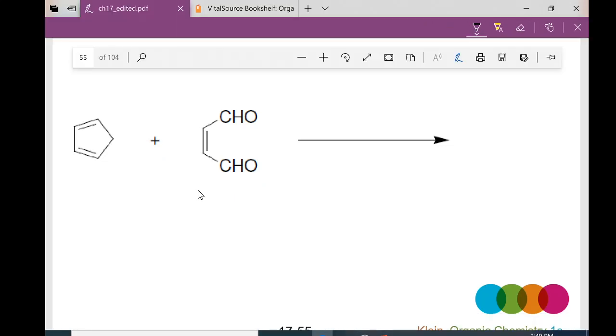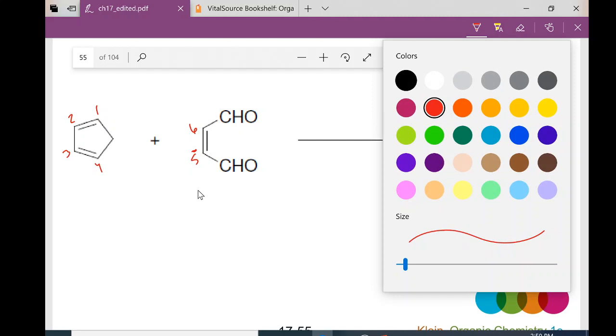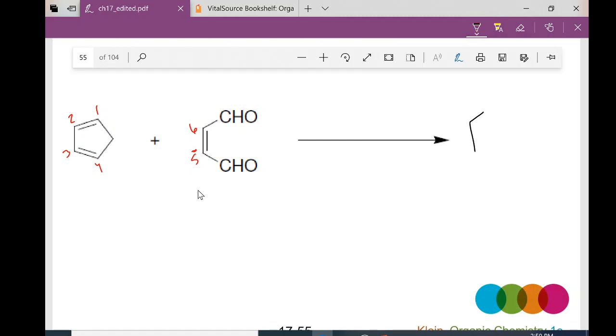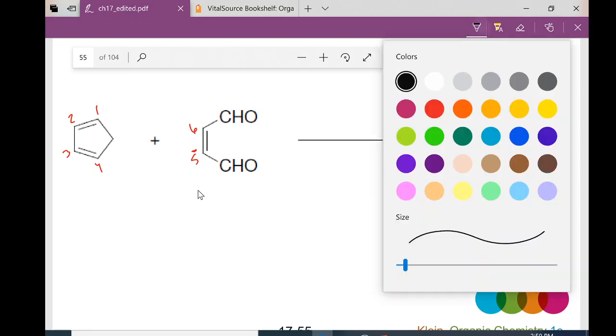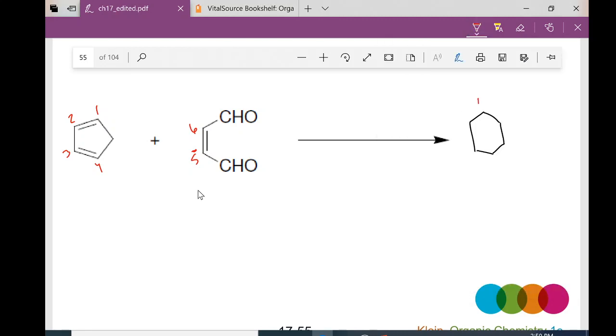So this is very similar. Our carbons would be labeled in a similar way to what we saw the other day. Carbons 1, 2, 3, 4, 5, and 6. Okay, and so we can draw a 6-membered ring that we would get for our product. And this would be carbons 1, 2, 3, 4, 5, and 6. Now we've got this little 1 carbon left over here, and that's going to give us our little 1 carbon bridge.